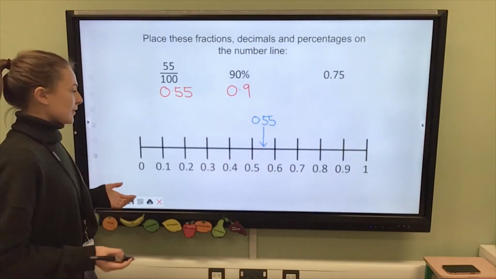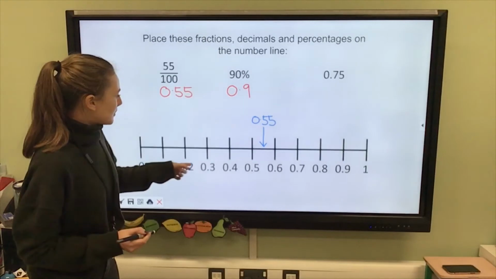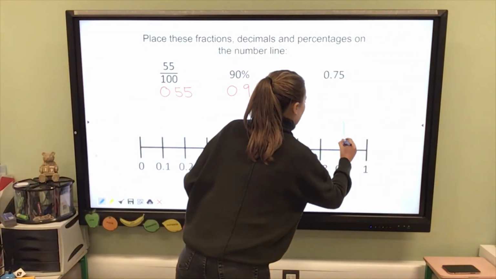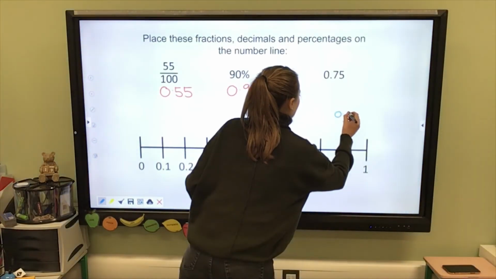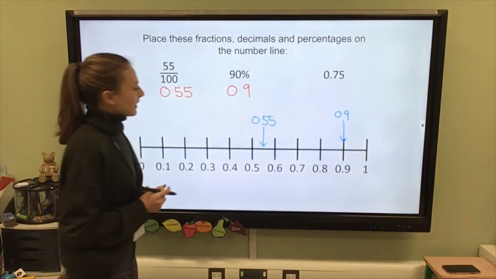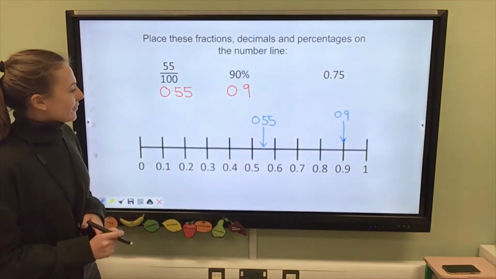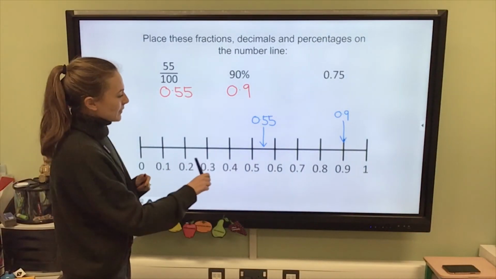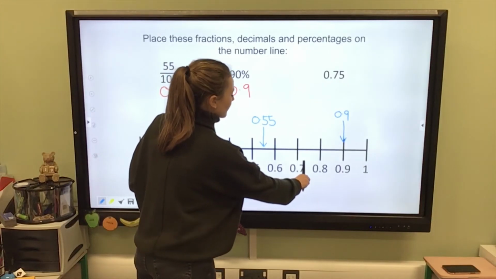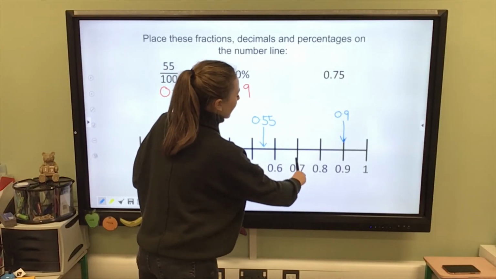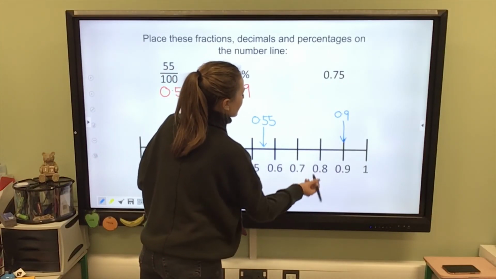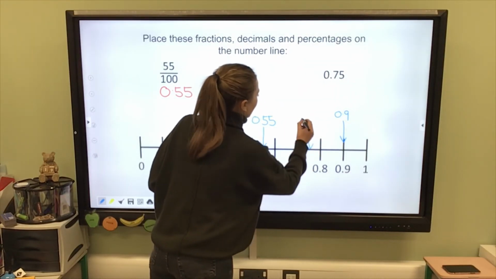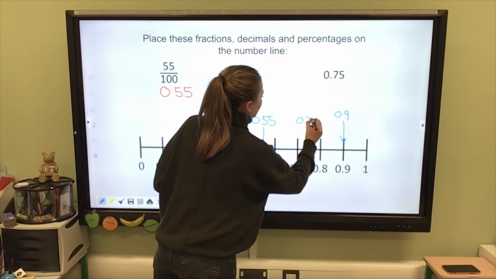That one's a bit easier because 0.9 is already labelled on my number line, so that's down here. I'm going to do another arrow here and label it 0.9. And then finally I've got 0.75 at the end. I know that's going to come just after my 0.7, halfway between 0.7 and 0.8. So I'm going to do my final arrow and label that one 0.75.